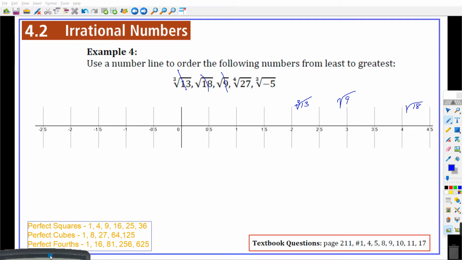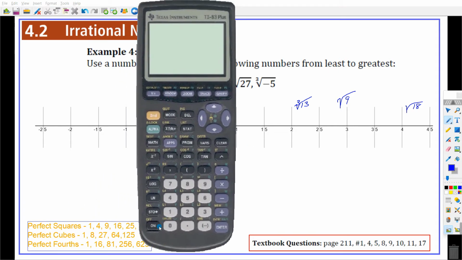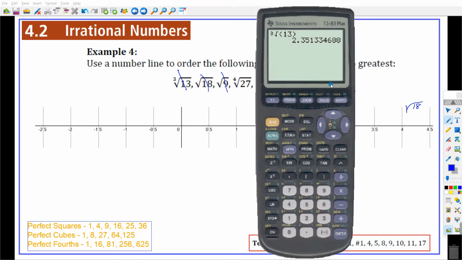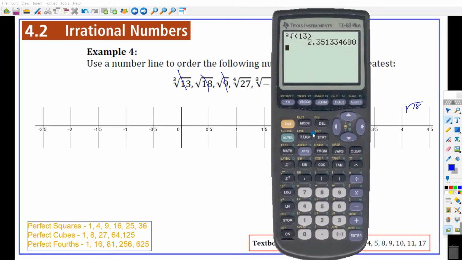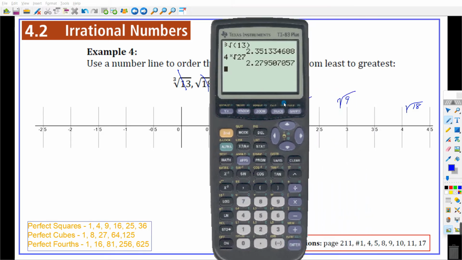So if we compare the two of them, the cube root of 13 is approximately 2.35, and if we go the fourth root of 27, bring up our root button, 4, 27, we find out that it is slightly smaller.